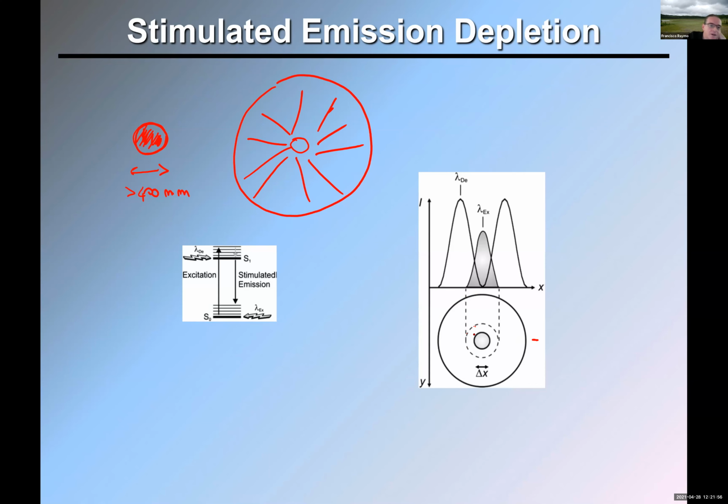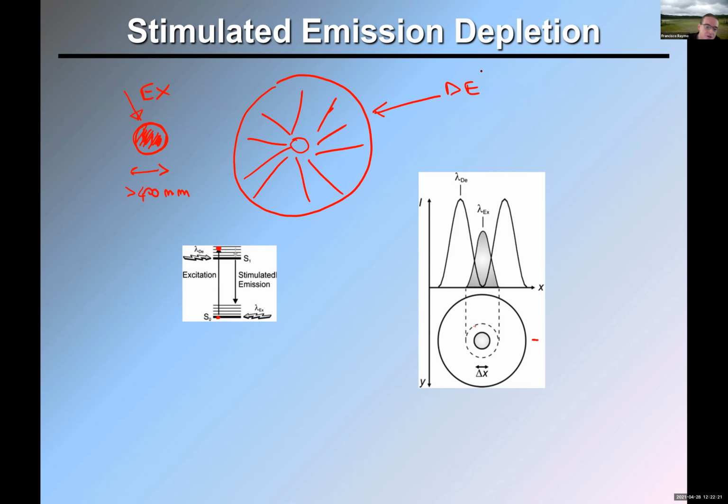Okay, so he did this with two different lasers with two different wavelengths. The wavelength of this beam is exciting the sample, so it's exciting the molecules from S0 to S1, let's say somewhere over there, and then the wavelength of that is, according to its definitions, depleting the sample.